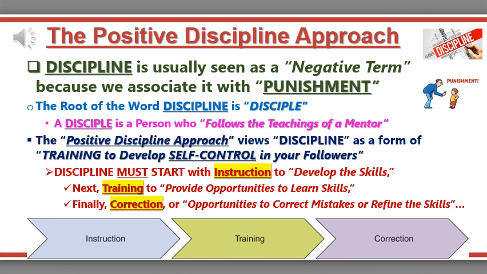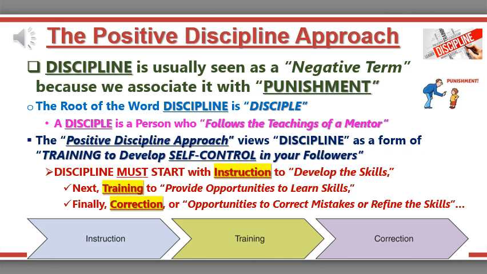These are opportunities when something occurs wrong, when there's a mistake, for people to correct or refine the skills, have an opportunity to do it correctly. It might require some re-instruction or a new opportunity to develop the skill or learn the skill again in a different activity. And it might require occasionally some kind of corrective action.